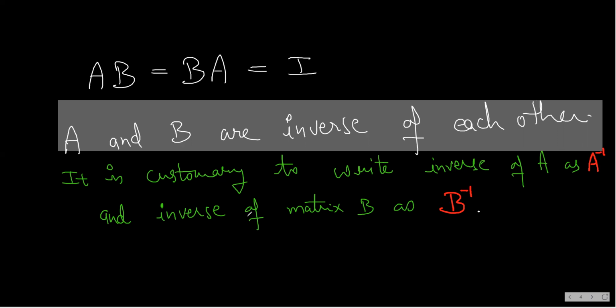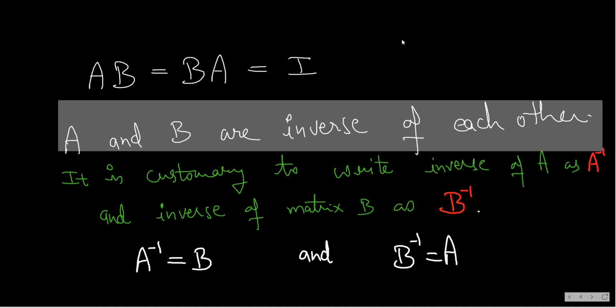It means A inverse is B. I said here that B is the inverse of A, but then I'm saying that we write the inverse of A like this. It means B is A inverse. Perfectly all right. And what I'm trying to say is A is B inverse, because A and B are inverse of each other.